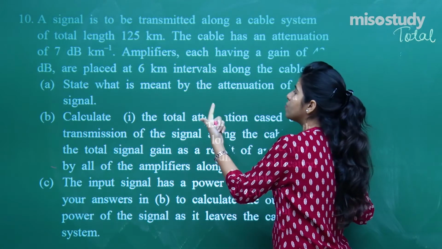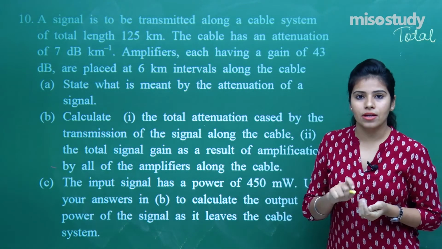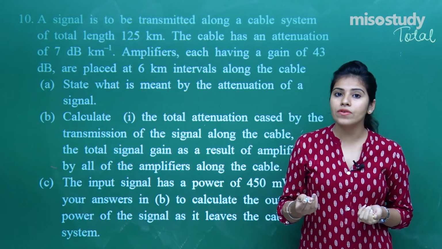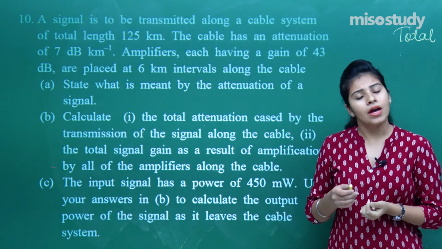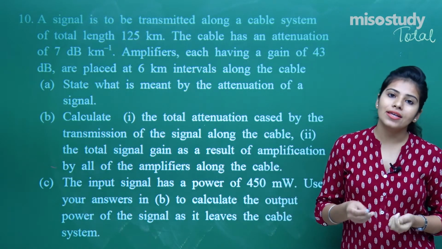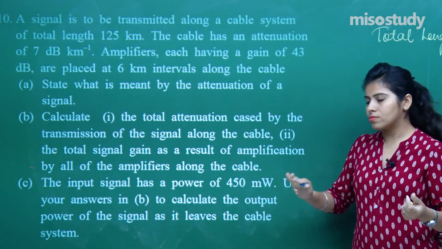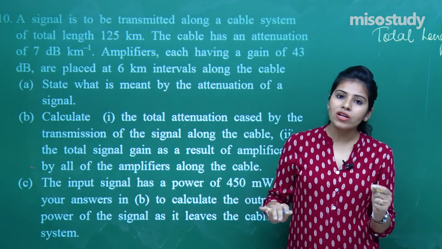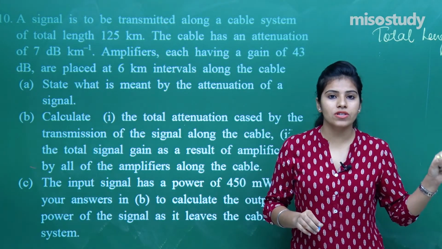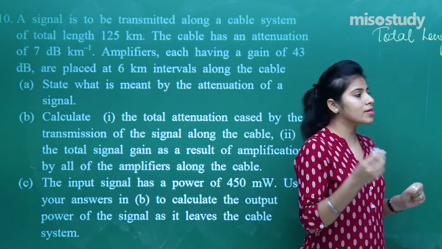State what is meant by the attenuation of the signal. First of all, we have to give an explanation of what we mean by attenuation. So you can say that attenuation is the factor, or you can directly say the power loss during the transmission of the signal is called attenuation.